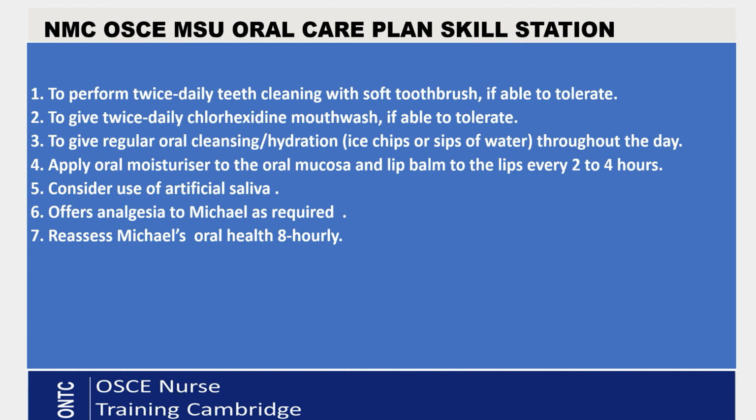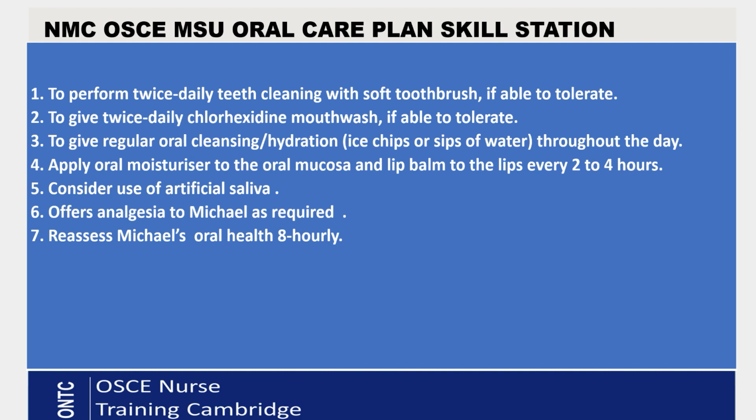The patient can just suck on the ice chips or keep drinking sips of water throughout the day to keep the mucosa in the mouth well hydrated, and that will reduce the inflammation as well. Fourth thing is to apply oral moisturizer to the oral mucosa and also to the lips, and then lip balm to the lips every 2 to 4 hours, because we already know it's quite inflamed.